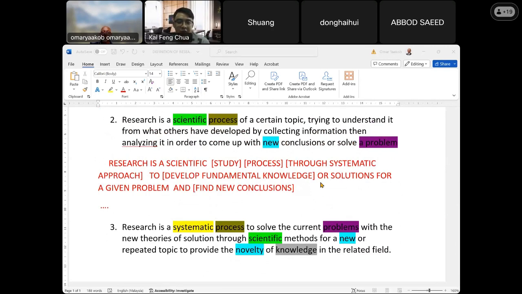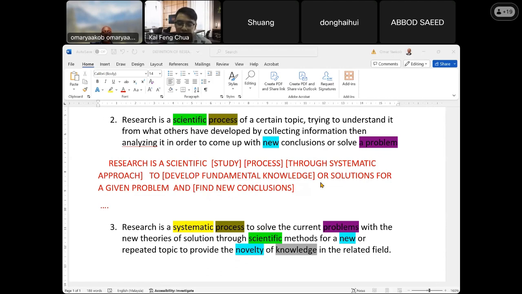I think I agree with develop fundamental knowledge, but I have a suggestion for the word fundamental. From my opinion, fundamental is more to the pioneer or primary rules for the knowledge.